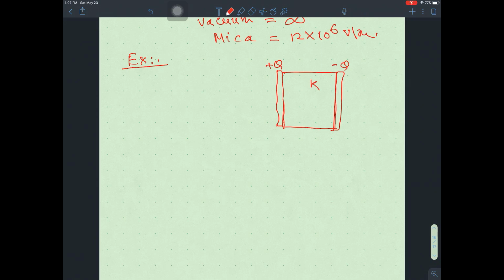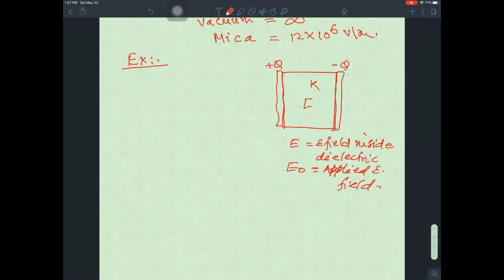and if E is the electric field inside the dielectric, E naught is the applied electric field. Now see, E naught will have this direction.